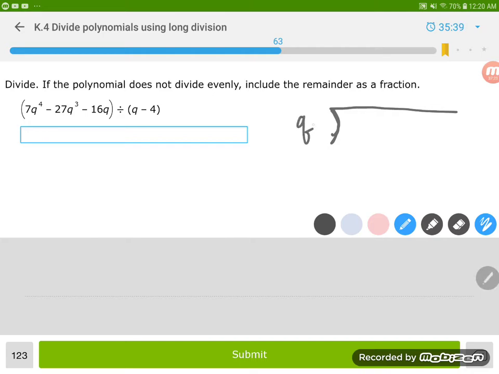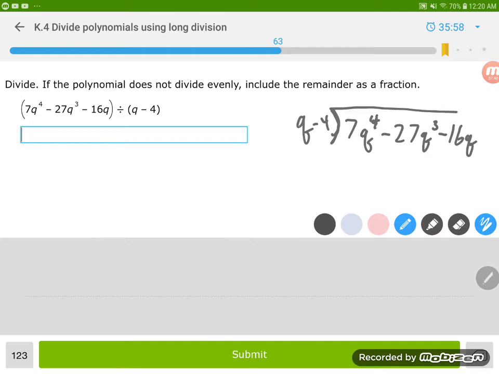So we have q minus 4, and we have 7q to the 4th minus 27q to the 3rd minus 16q.